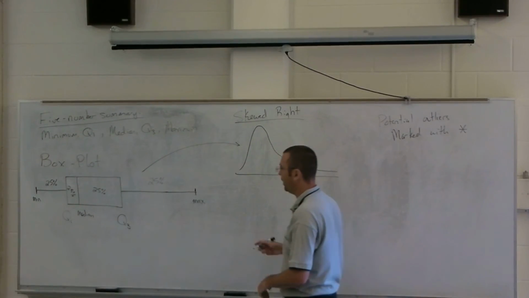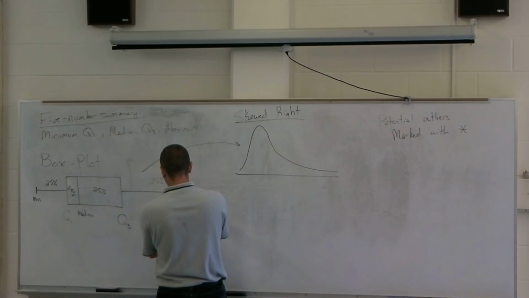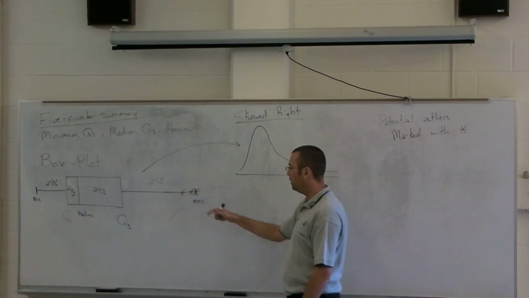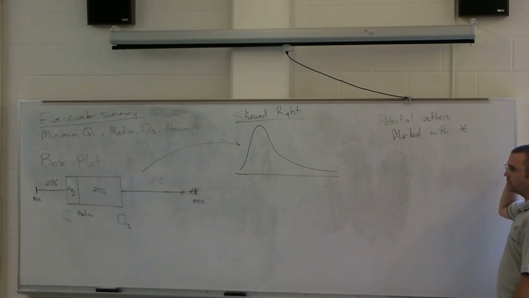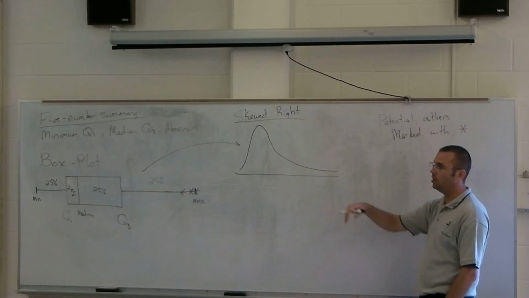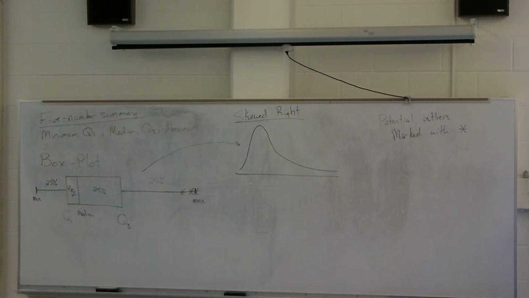Stars or X's or something like that. So for example, over here, I may have things like this. Again, this picture is indicating to me that there are 3 outliers on the top side of my graph. I might have the same thing on the low side, depending upon how the data is listed.